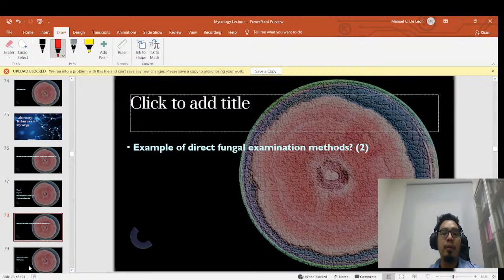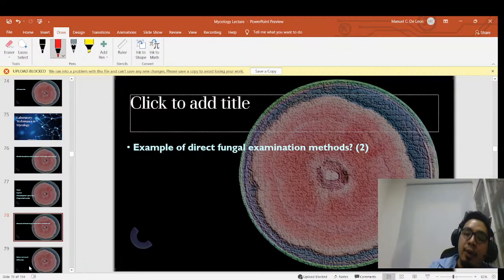All right, let's move on to direct fungal examination methods. So with direct fungal examination methods, I don't need to culture. I don't need to run biochemical testing. I just want to see what is in the sample itself. So that's the very definition of a direct fungal examination. One of the examples of this is the saline mount, or saline wet mount, depending on how you pronounce it.